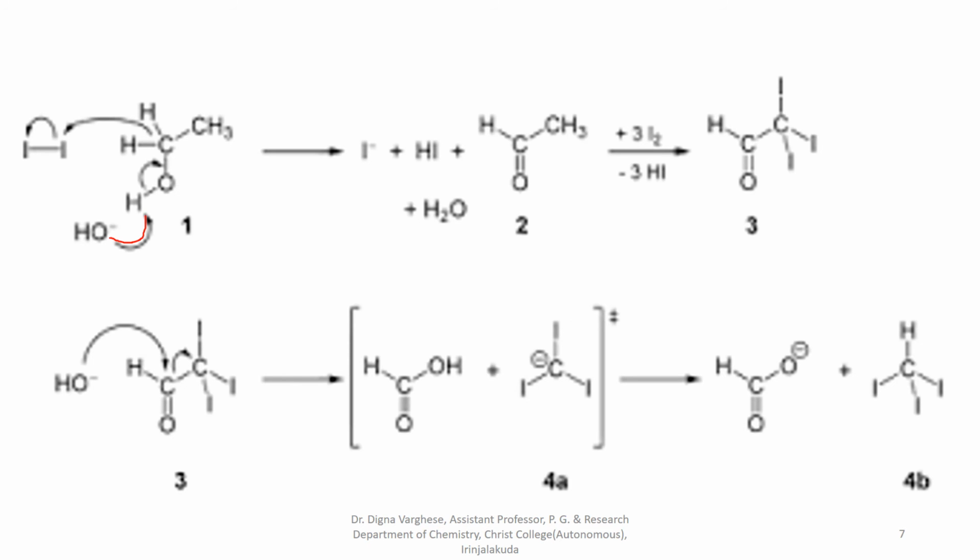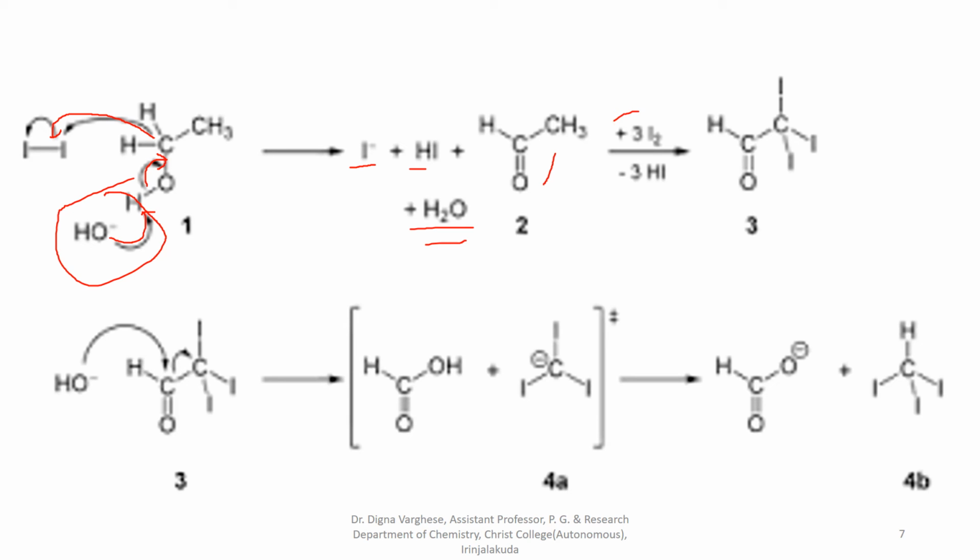The electron is transferred here and the electron is shifted to this position, and this hydrogen is transferred to here and forms I minus, HI, then acetaldehyde plus water. Here water is formed. So the byproduct water also comes from this mechanism and we will get acetaldehyde.